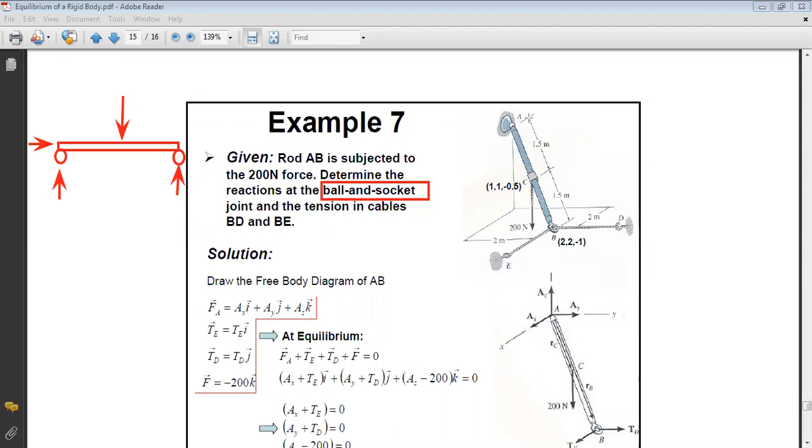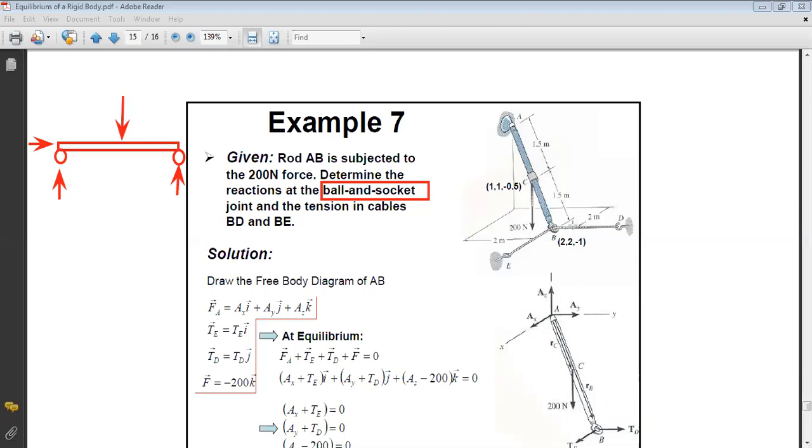You can remember the figure we have in the previous slides. Okay, so here, this type of reaction allows you to rotate in all directions. So it will only develop forces in X, Y, and Z.